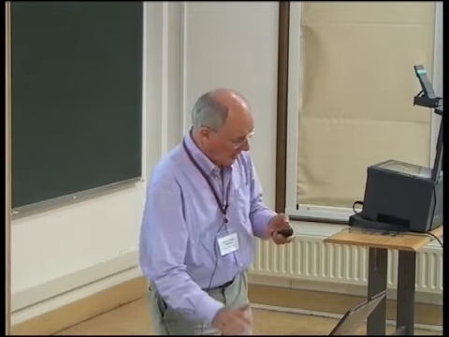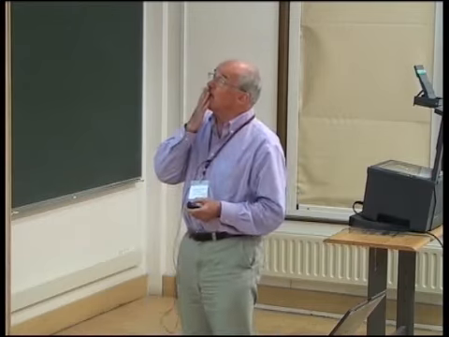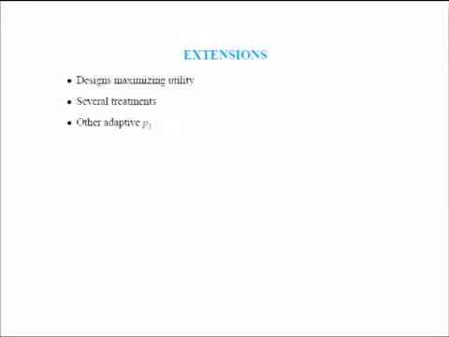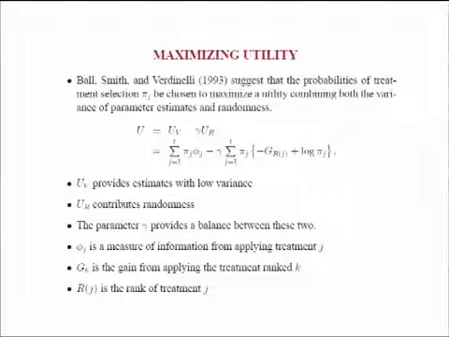Well, we can do the same thing with designs maximizing utility with other ways of adaptively finding the P. So this is a utility calculation, two parts of the utility, one of which is providing estimates with low variance, the other provides randomization.